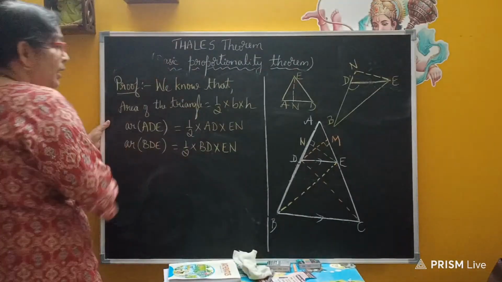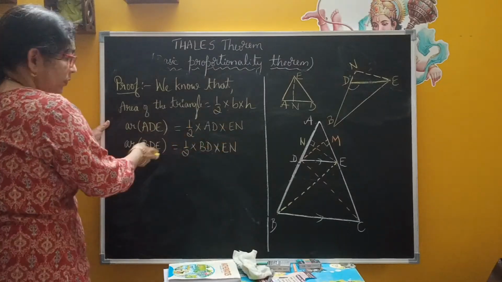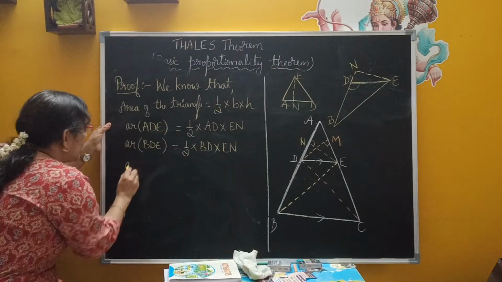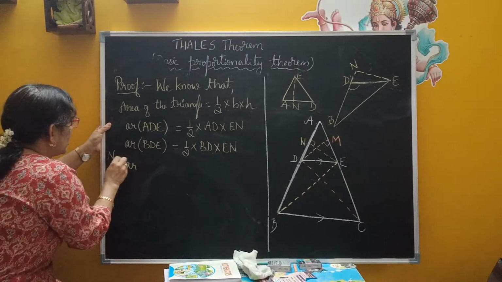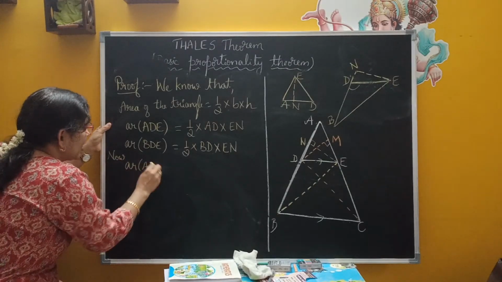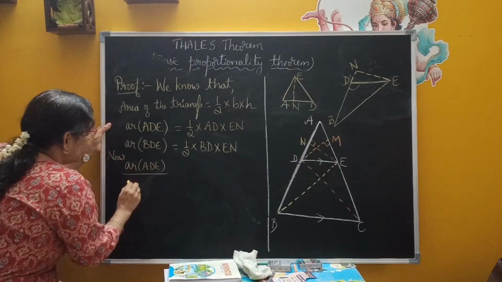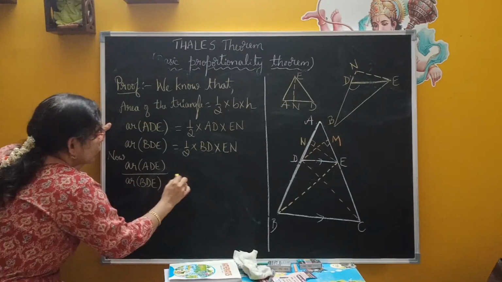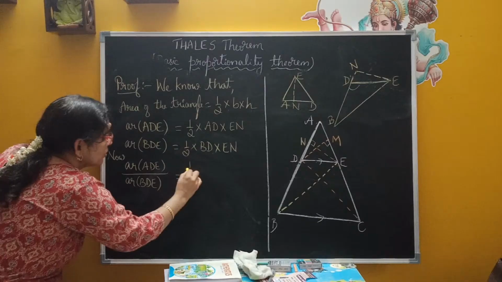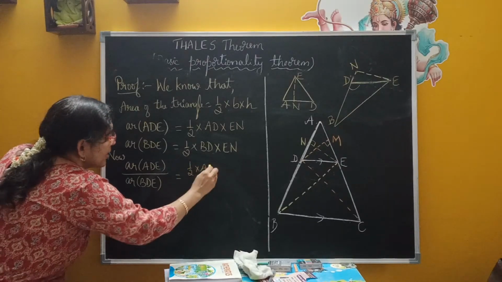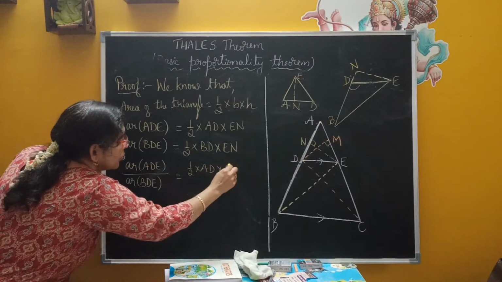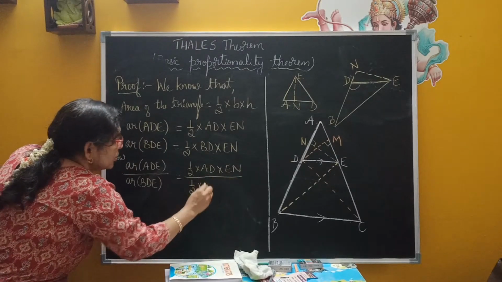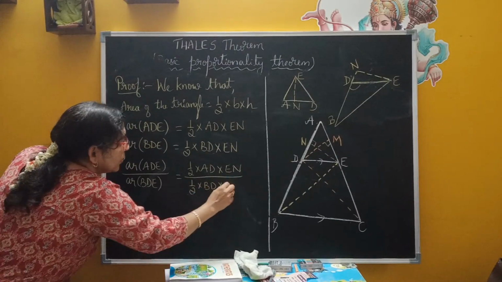Now let us find the ratio between them. Area of ADE by area of BDE is equal to half into AD into EN divided by half into BD into EN.